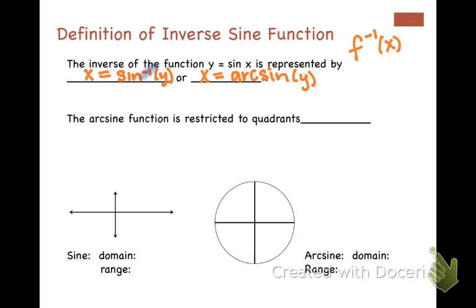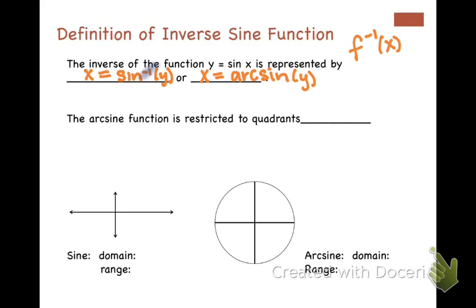That wasn't an exponent of -1. That's what that little -1 means. It's not an exponent, but it can be easily mistaken as one. So a lot of times sine inverse is called arc sine. Okay, so we're going to call them back and forth. You're going to see both on WebAssign. Most of the time we'll probably use the little -1 symbol because that's what we used to talk about inverses in the past. But just be aware that if you do see arc sine, it just means inverse.